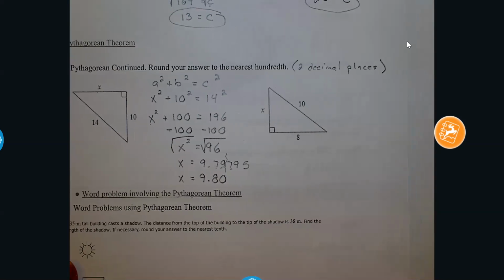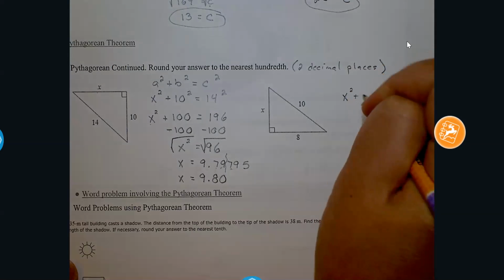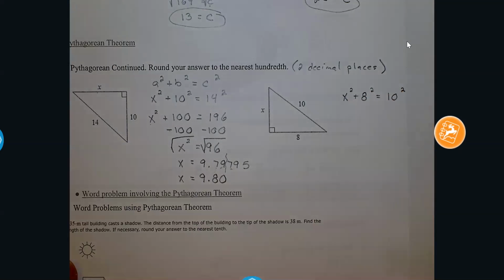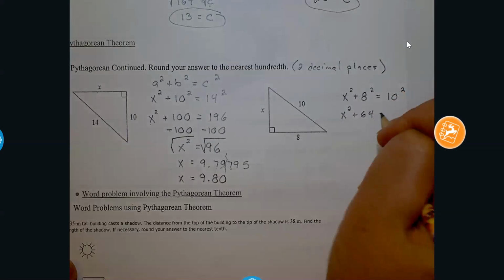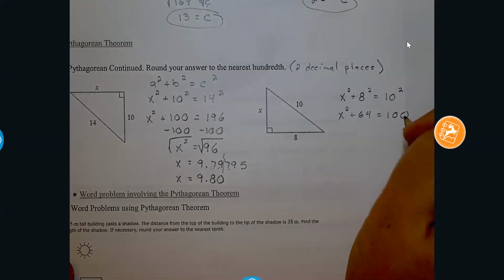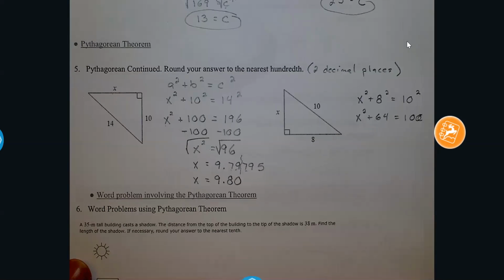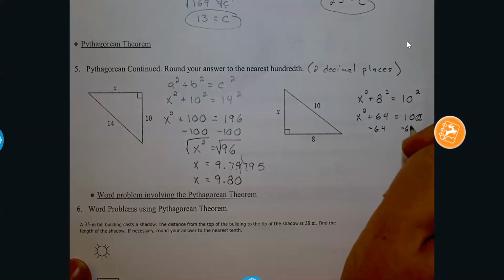For this next problem, we have x squared plus 8 squared equals 10 squared. So x squared plus 64 equals 100. So then we have to subtract 64 from each side.